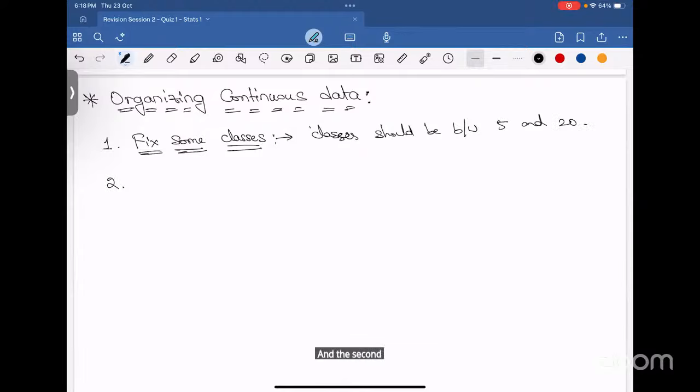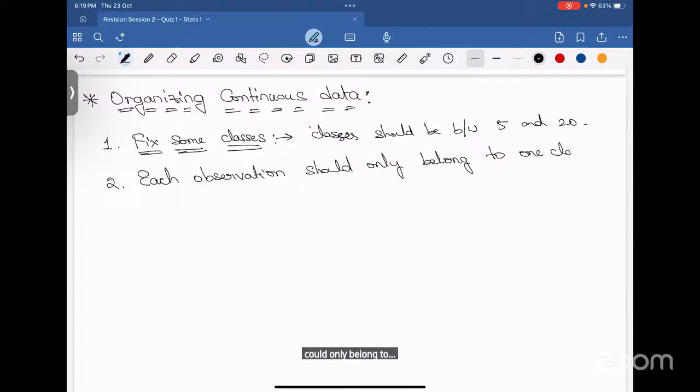The second one is, once you create these classes, they should be mutually exclusive. What do I mean by mutually exclusive? Each observation should only belong to one class.